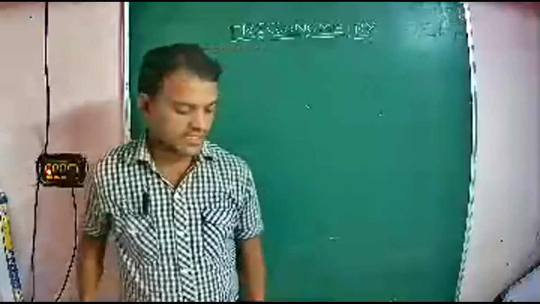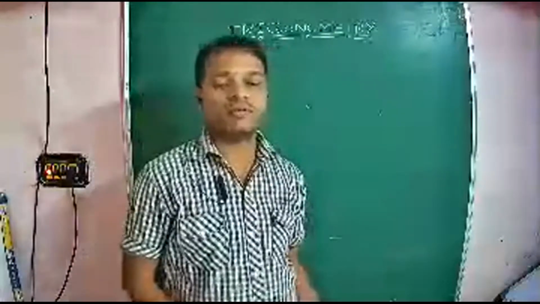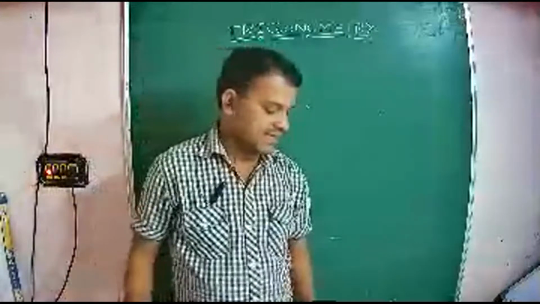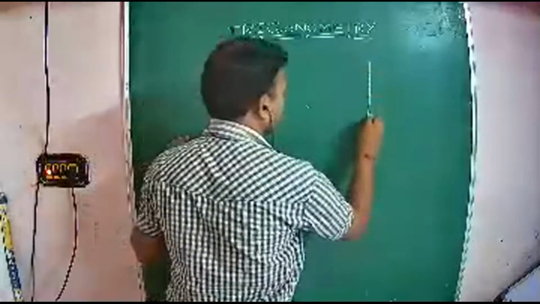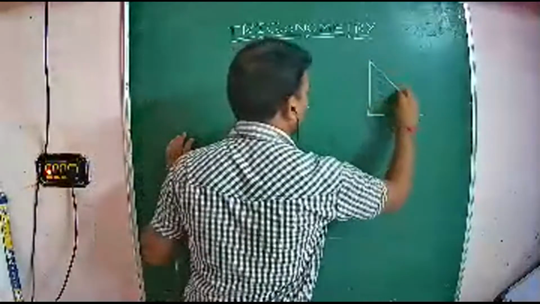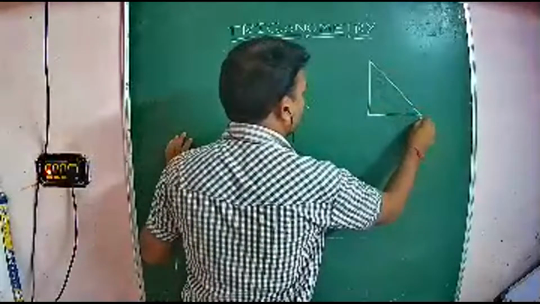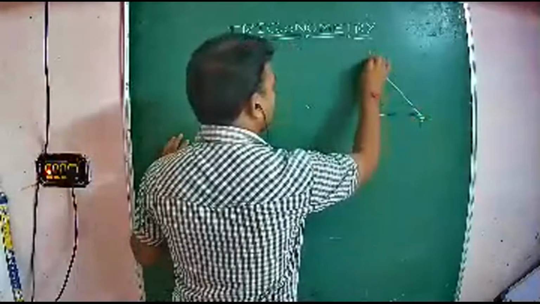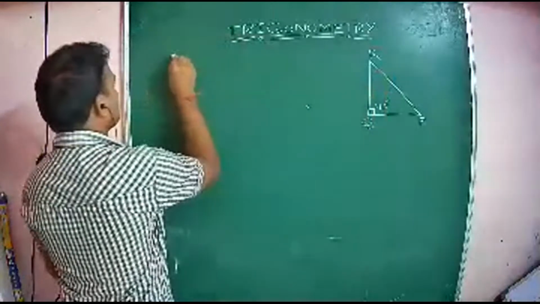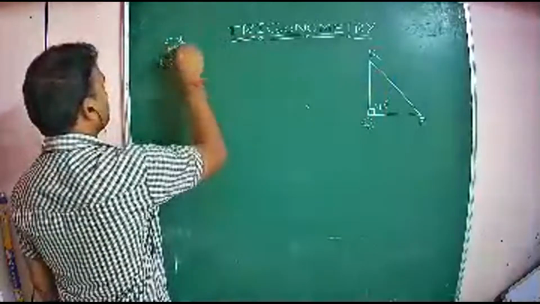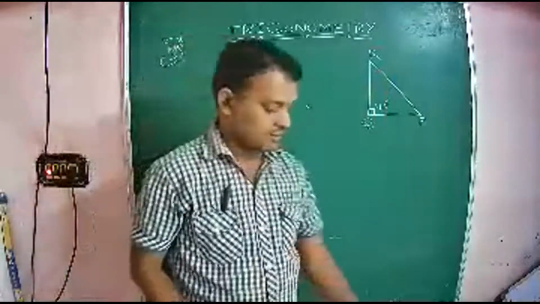Next one more question is here, one more example. Consider a triangle PQR, right angle at Q. This is about the third example.